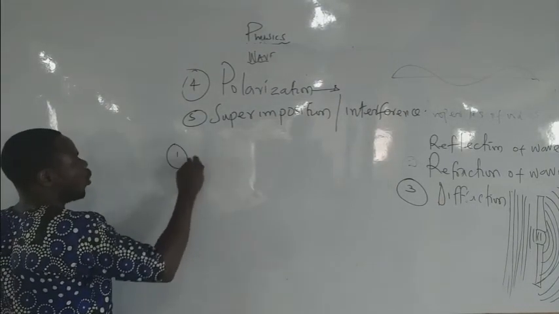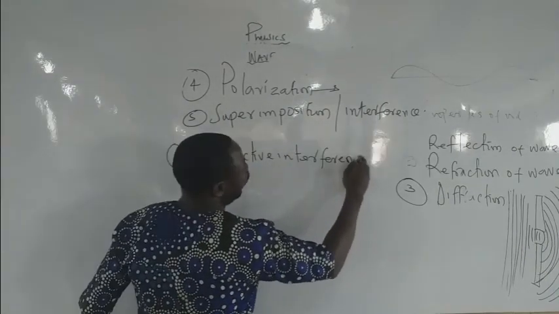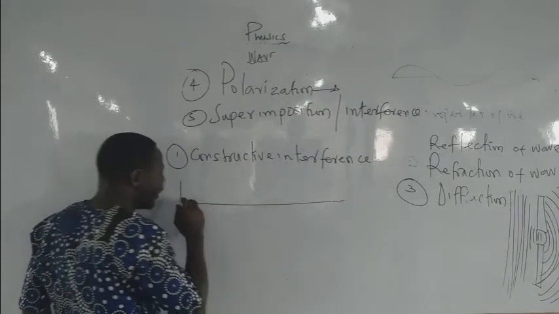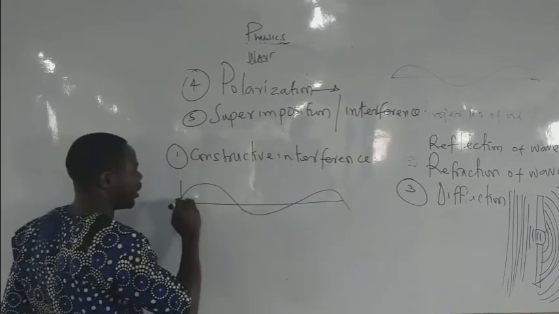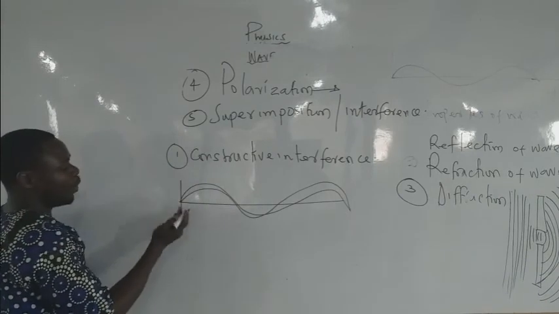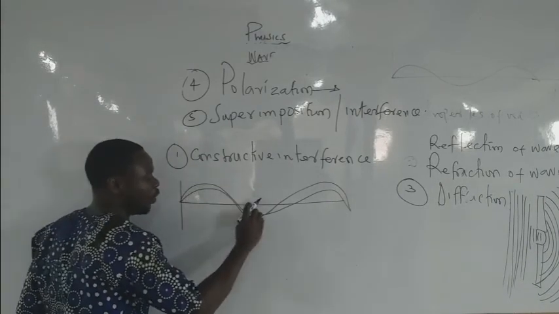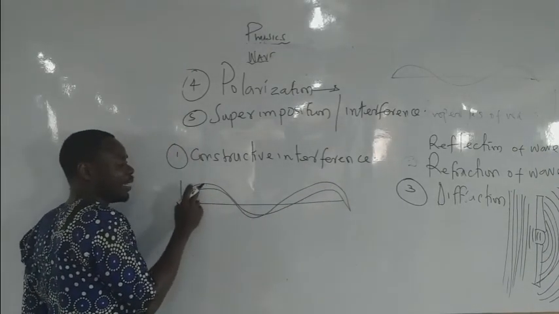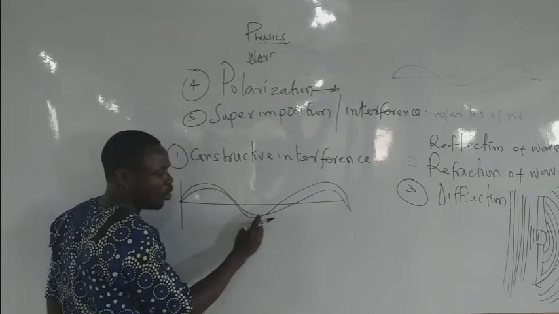The first one is constructive interference. What is constructive interference? It occurs when two waves travel crest for crest and trough for trough, as drawn in the diagram. Look up now. This is wave one, this is wave two. The crest of the first wave and the crest of the second wave are traveling together, while the trough and trough are also traveling together.